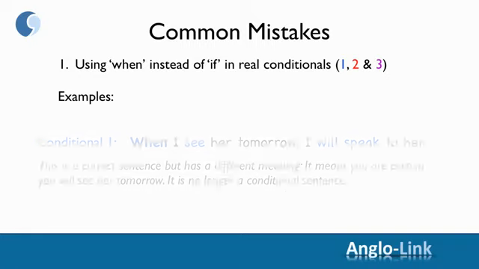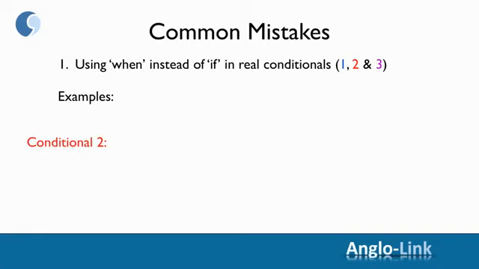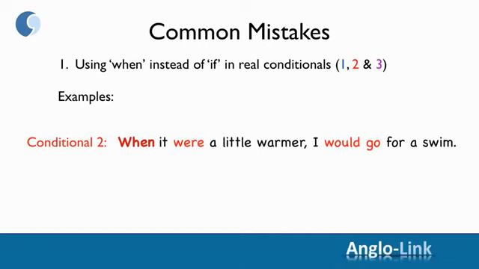Let's look at an example with conditional 2. When it were a little warmer, I would go for a swim. You cannot use when in a sentence like this. It has to be if. If it were a little warmer, I would go for a swim.